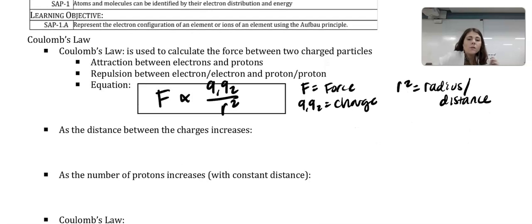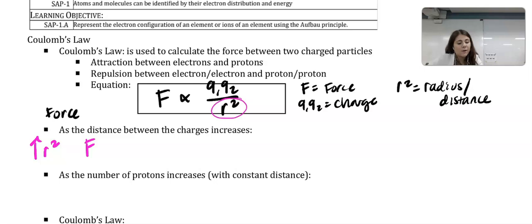I want to talk about a few things with regards to the force. As the distance between the charges increases, if we increase the value of R squared, what does that do for force?